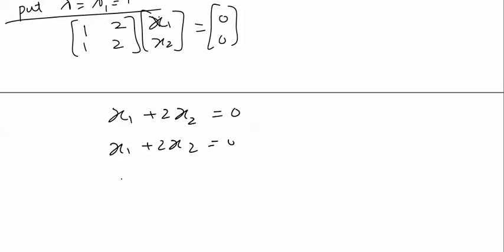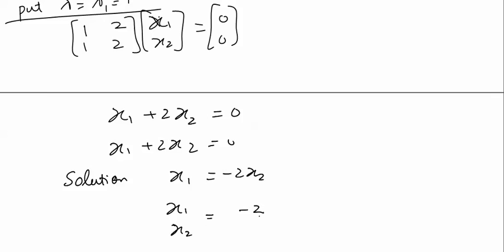So the solution is x1 equal to minus 2x2, or x1 x2 is minus 2, 1. Solving either equation, you will get x1 x2 as minus 2, 1.